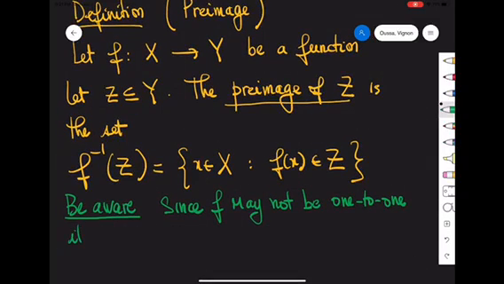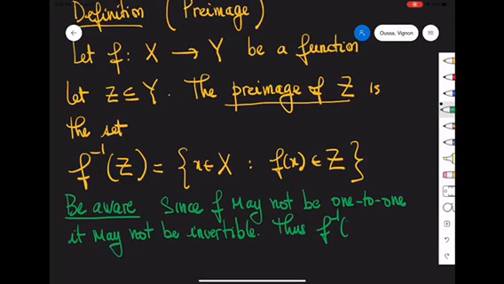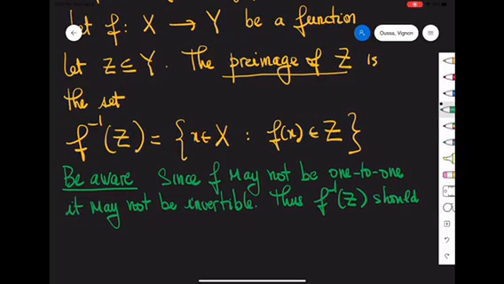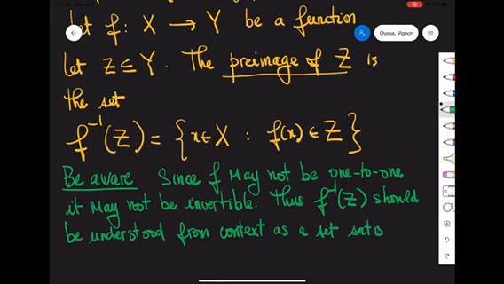Therefore, the notation f inverse of Z should be understood from context as a set satisfying the definition above.